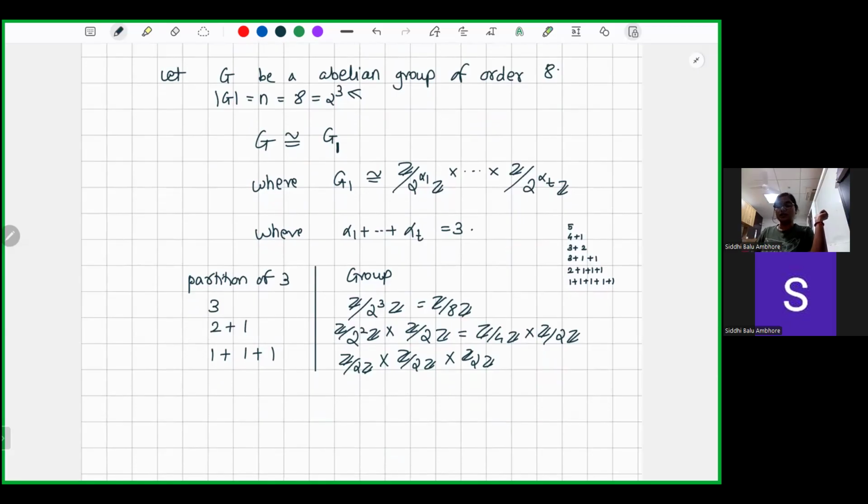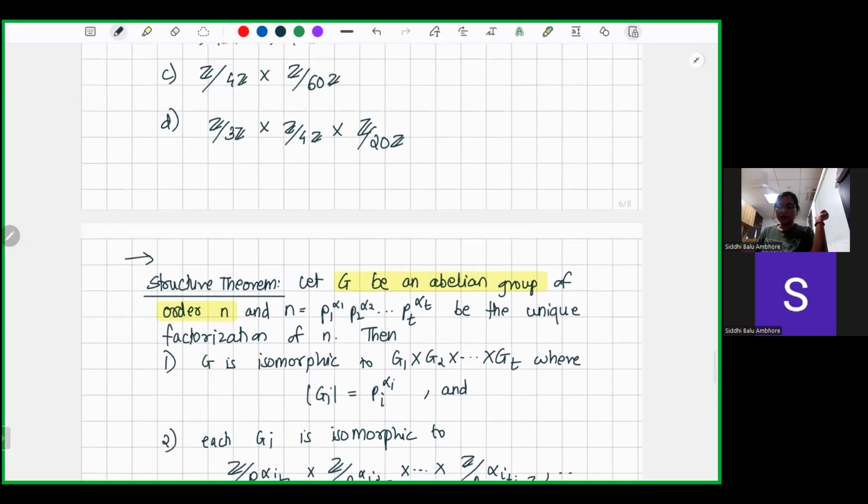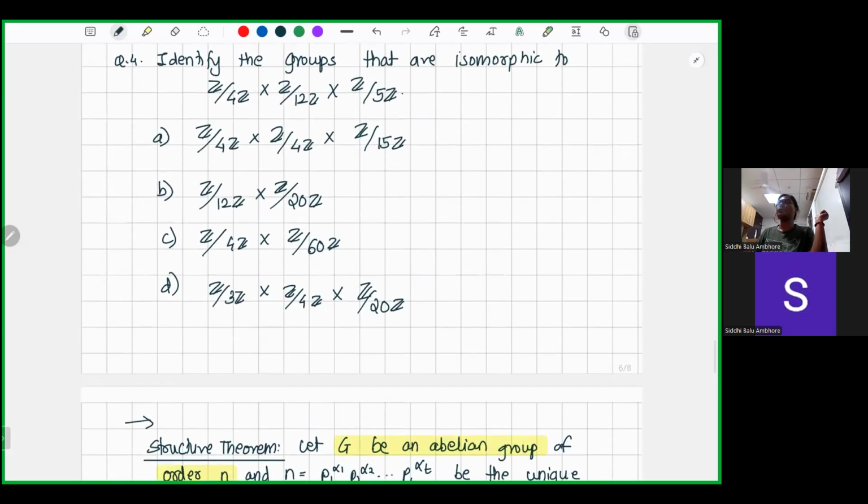And in general, through the structure theorem, what we do is we classify all the possible abelian groups of given order under isomorphism.